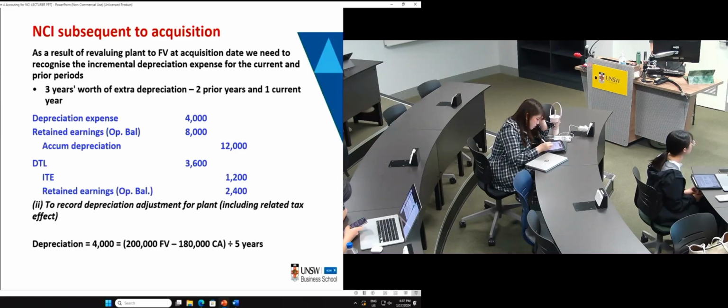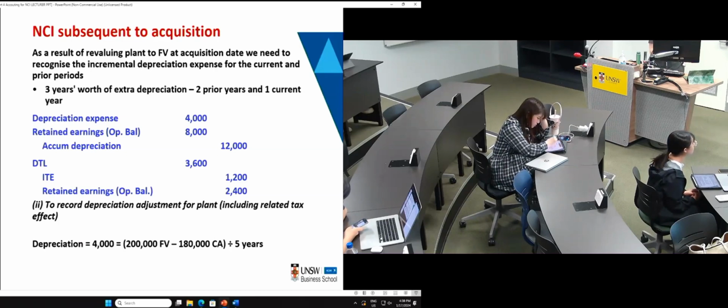We carry over its effect to the current year by adjusting the opening retained earnings. Which entity's opening retained earnings here? Subsidiary, right? Because the asset is used by the subsidiary, and it is the subsidiary's recorded depreciation that is understated compared to the group.